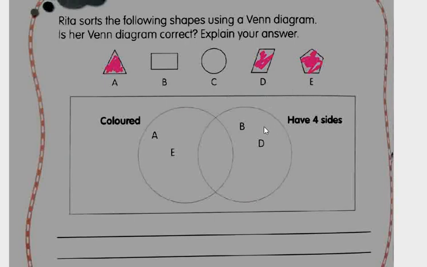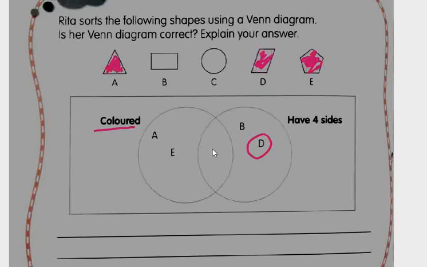And why is it here? Because it also belongs to the colored one, right? It is colored and also has four sides. Look, 1, 2, 3, 4, right?